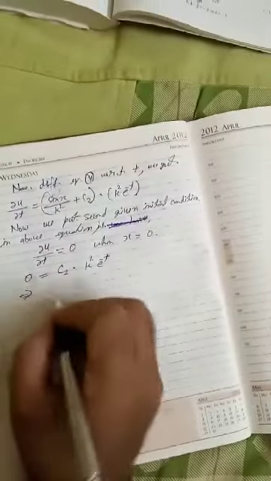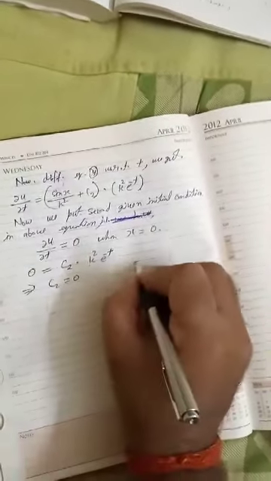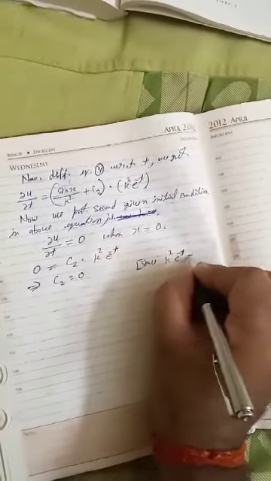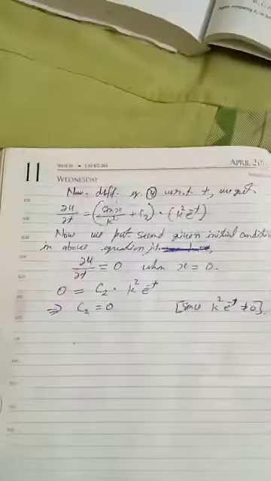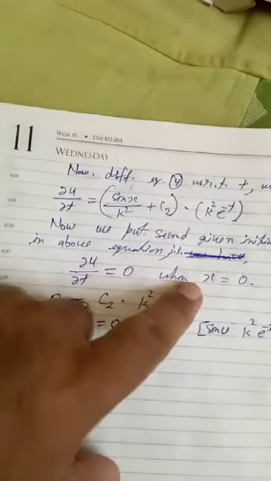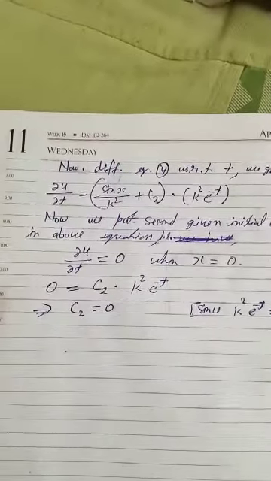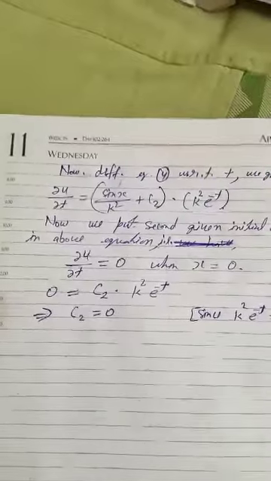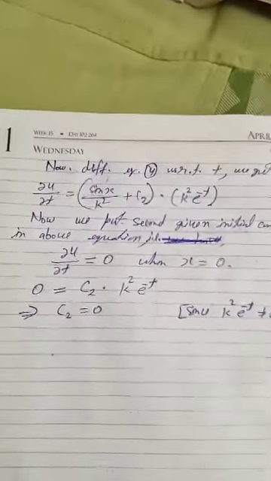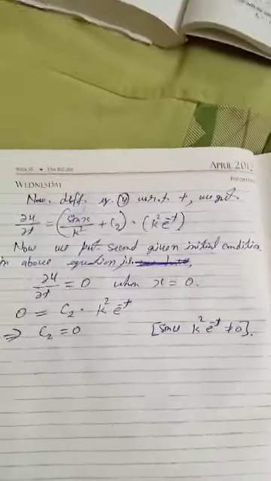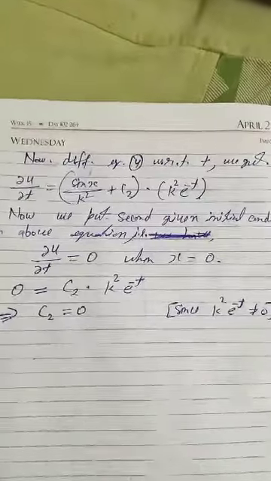This implies that c2 is 0 since k square e to power minus t is not equal to 0. Why will this not be 0? Note that now we substitute the value of x equal to 0, and the second part k square e to power minus t is the function of t only. So this term is not equal to 0 because we substituted the value of x. So c2 is 0.